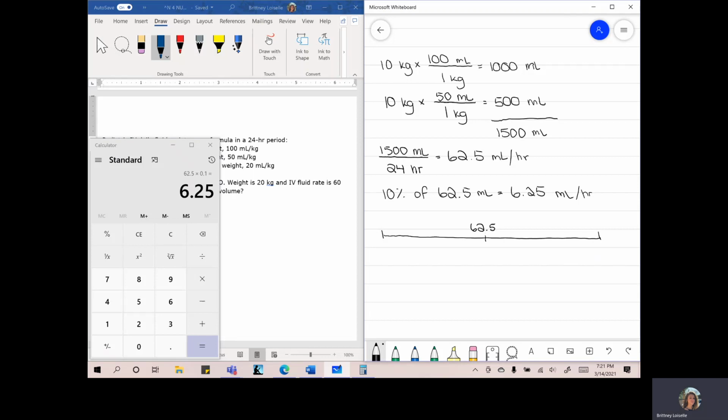where 62.5 is your middle number, the lowest you can go is 62.5 minus 6.25, and that's 56.25. And the highest you can go, 62.5 plus 6.25, and that is 68.